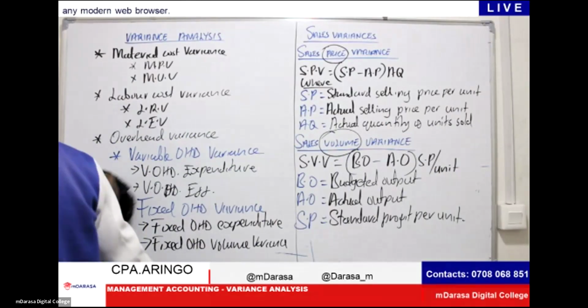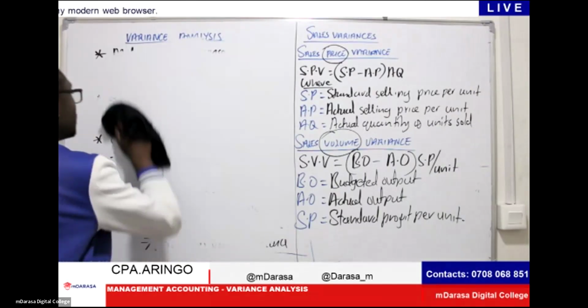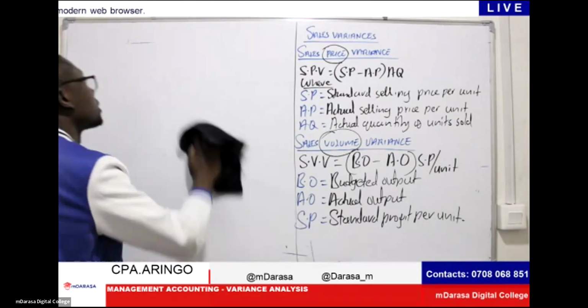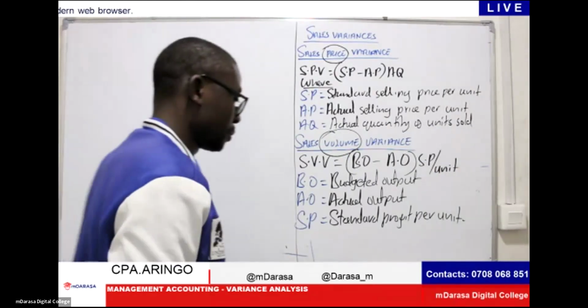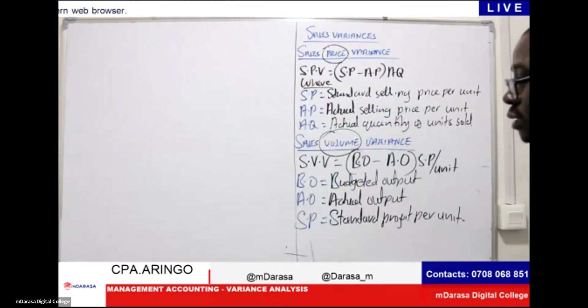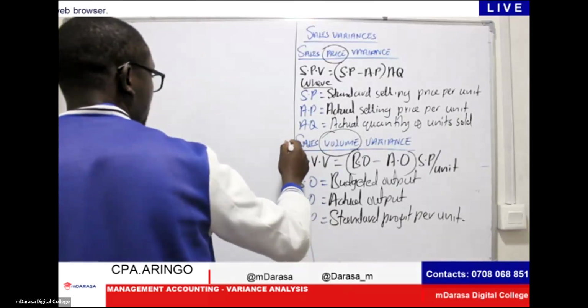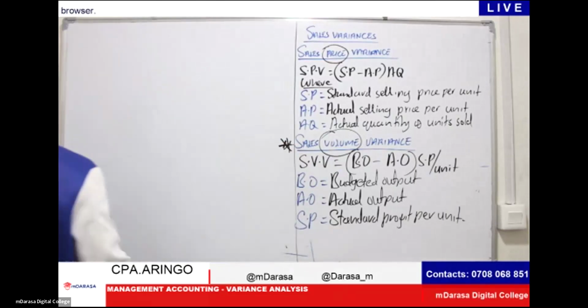Another key element that you must be able to understand here is this fact. We are still under the sales volume variance.